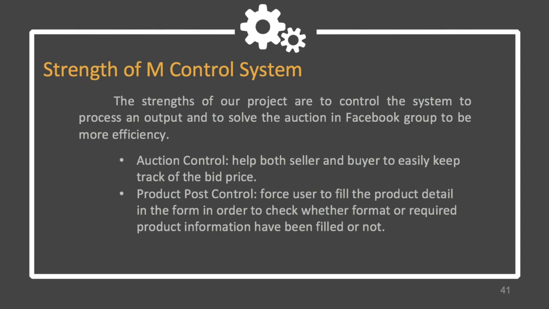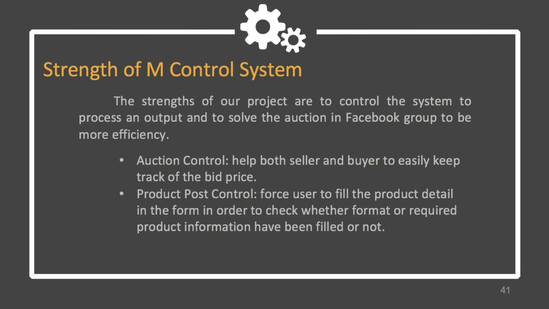Then I will talk about the strengths of the M-Control system. The strengths of our project are to control the system's process and output, and to make the auction in Facebook groups more efficient. The first one is auction control, which is one of the major parts that we consider a strength since we designed it based on systems science theory and studied many different auction types.